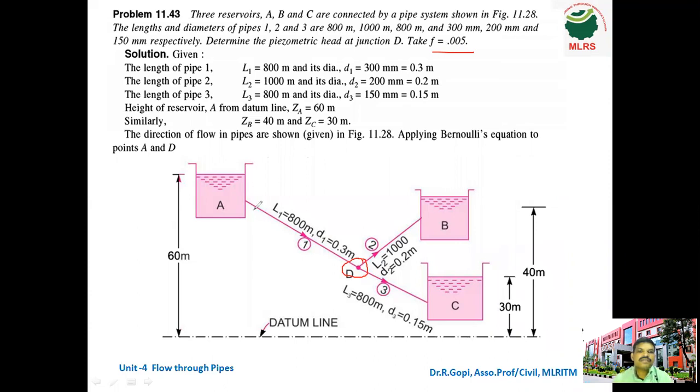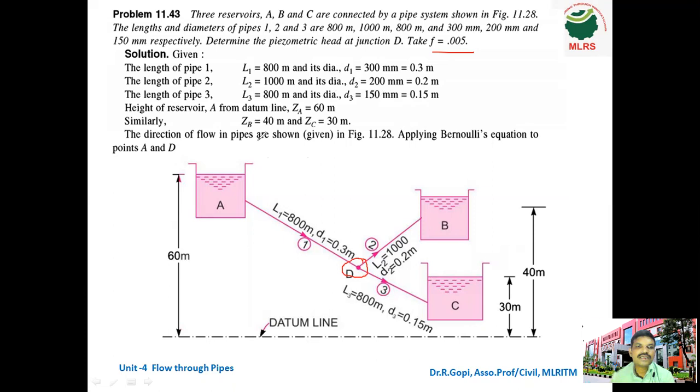So they give the diagram. Based on this diagram, write the given data. L1 is equal to 800 meter, diameter D1 is 300 mm, length of pipe 2, L2, is 1000 meter, and D2 is 200 mm, and the length of pipe 3, L3, is equal to 800 meter, and diameter D3 is 150 mm.